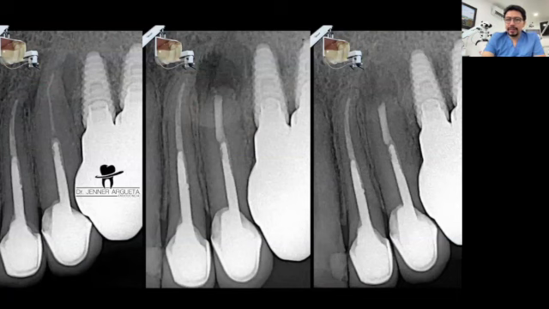What we look for is to have healing in the area. You can go for a microsurgery in this canine. You can see that we prepared a long retro preparation, a long retro-obturation. We get in touch with the post that was already placed there. We were very close to the apex of the lateral incisor.